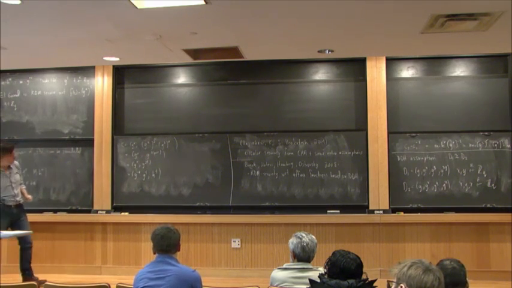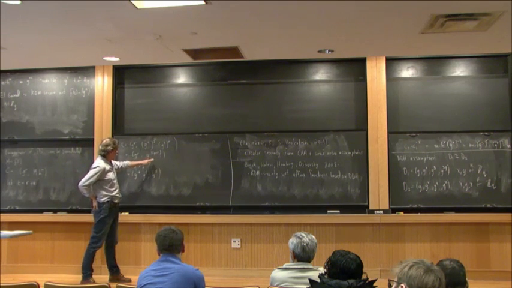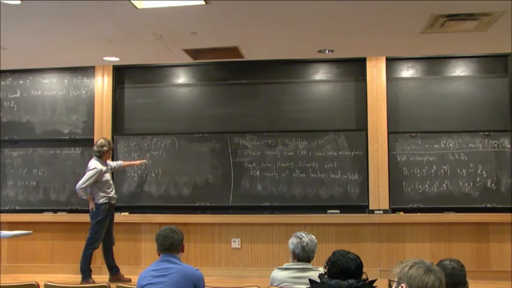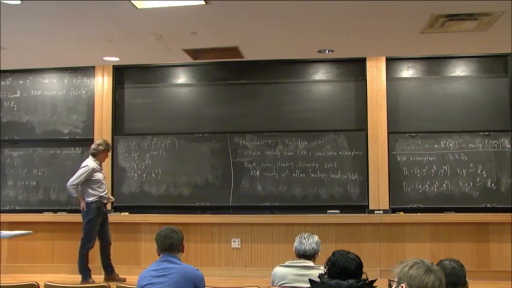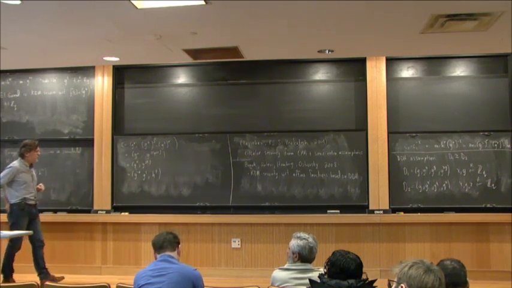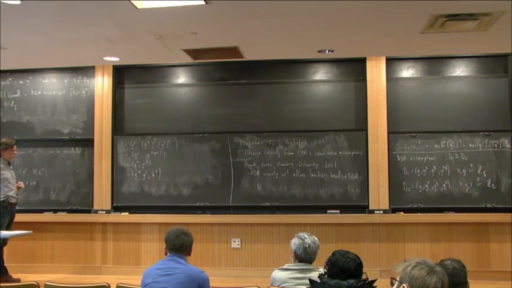We simplify here and we get g to the s times a plus r, which is g to the s times t.